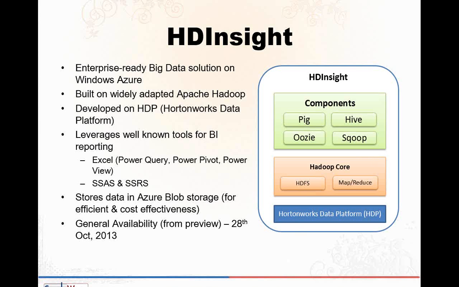And Sqoop is a database connector for importing and exporting data to and from HDInsight and SQL Server. So we can use the connectors for importing data from MS SQL Server or Windows Azure SQL Service, or we can also export data vice versa. So these are the various components that are available as part of HDInsight.